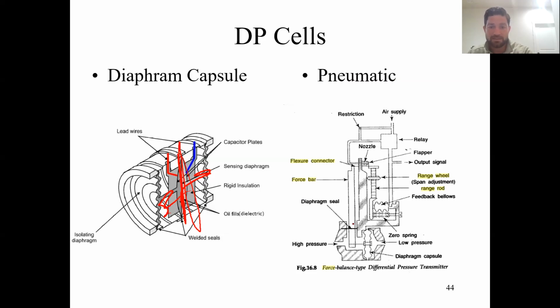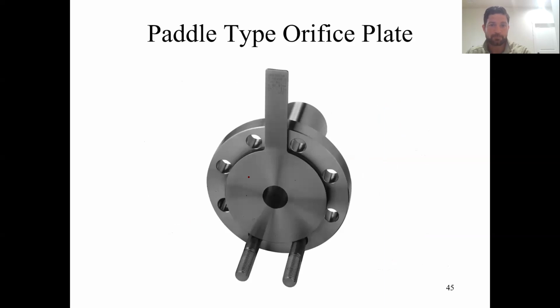So based on a pressure difference down here at the bottom, if you're kind of following me, the pressure difference right here is going to cause this bar to move one direction or the other. And then there's an air supply that's added to one side that's going to compete and cause it to move back so that this stays straight up. And based on this air pressure, we can know the pressure difference between each side. So there's a variety of ways of measuring this delta P in the process.